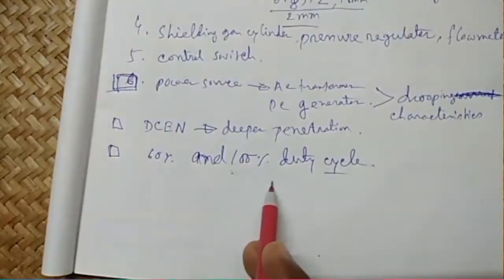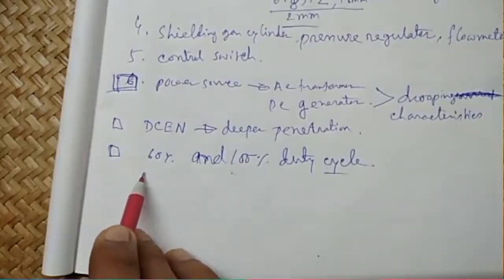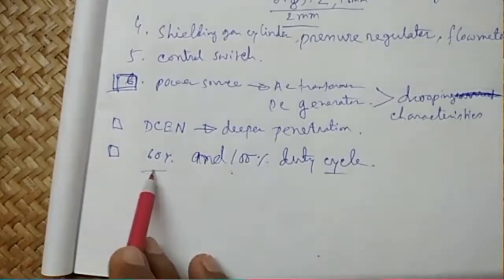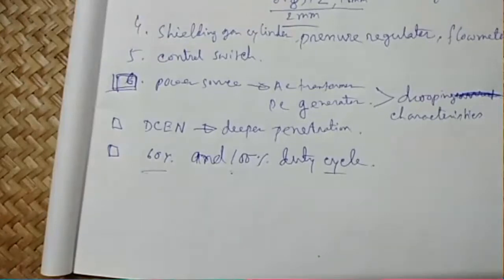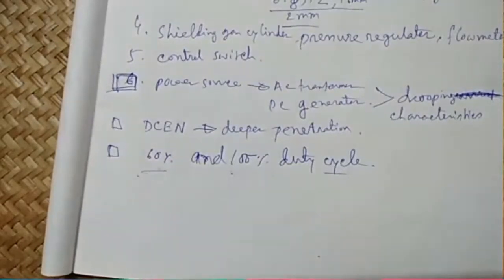Otherwise, in a 60% duty cycle, you have to work for 60% of the time and rest the machine for 40% of the time. So if you are using it for 1 hour, then 36 minutes you can use, and for the rest you need to keep the machine stopped. That is for the 60% working cycle. So the machines come with two types of duty cycles.